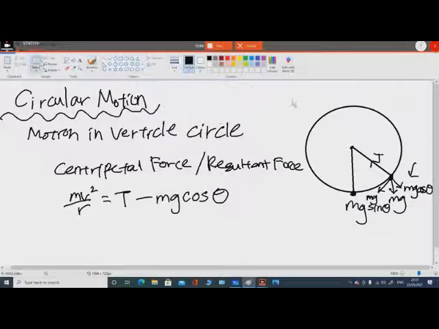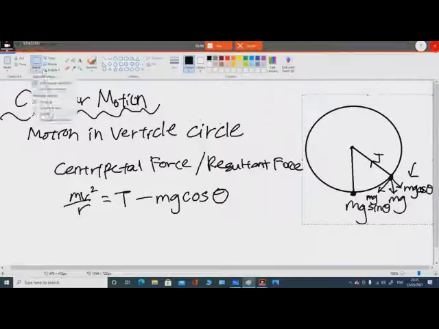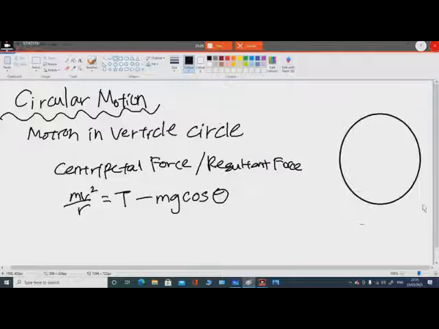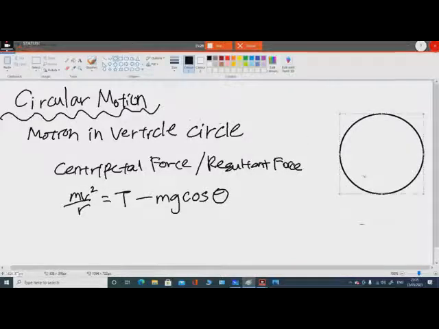Let me erase this circle here. This is quite hard to adjust. Let me draw a new circle here, and let me draw a line.